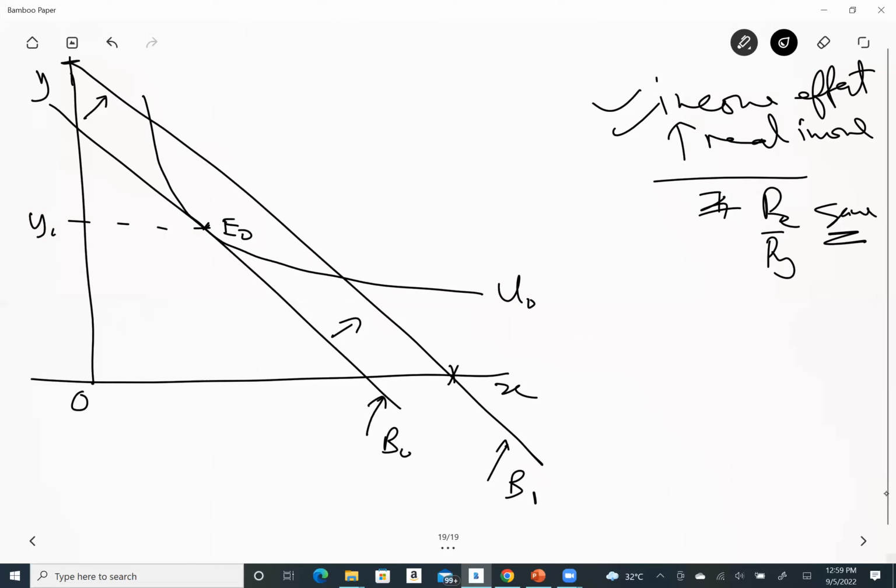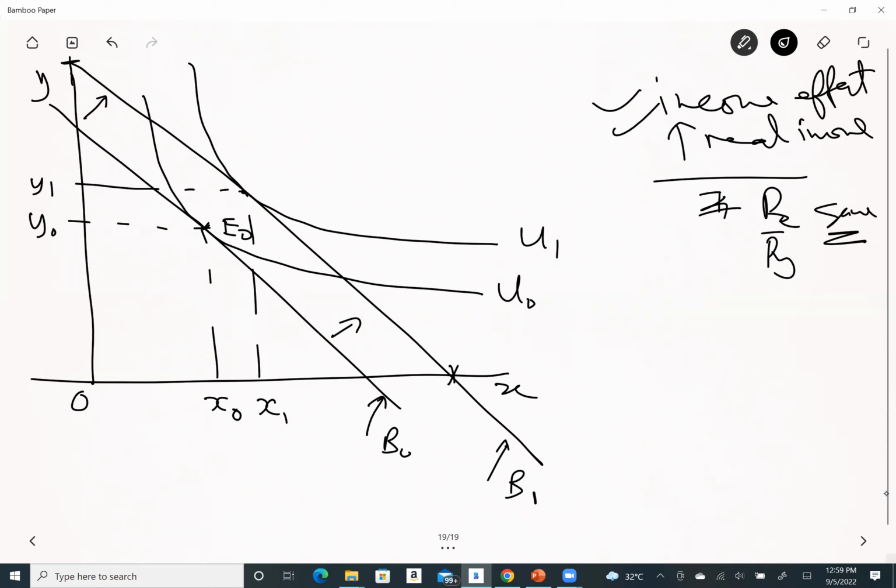That is Y0. That's X0. Now, you are given the income subsidy. I got U1 over there. Y1, X1. That is U1.